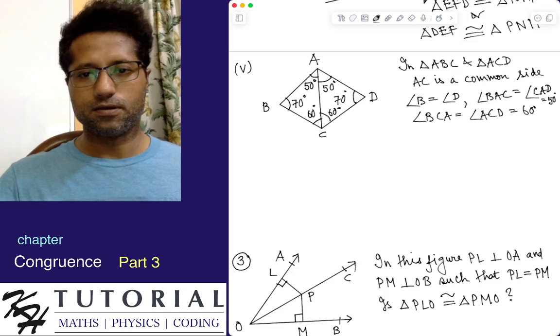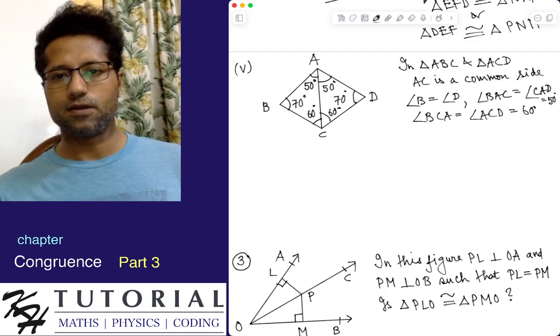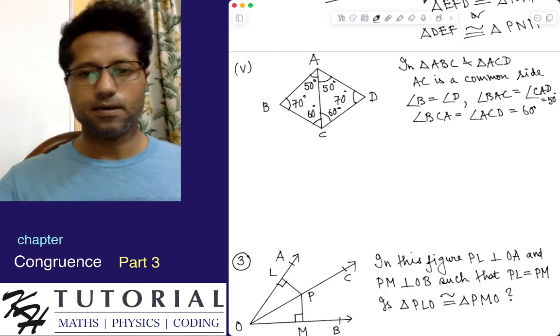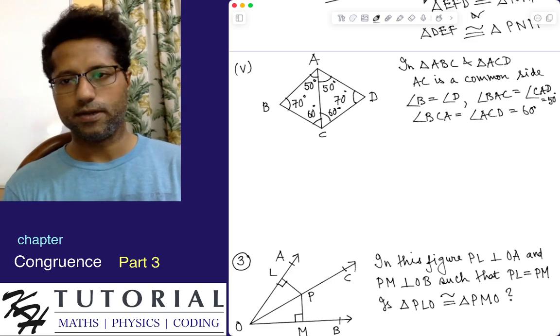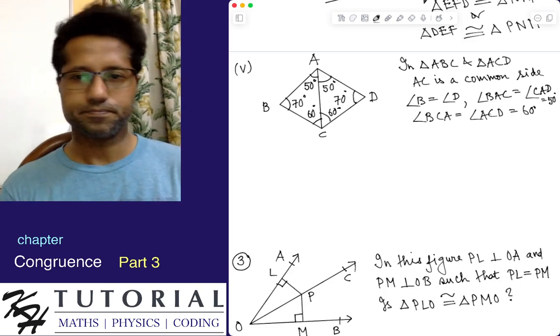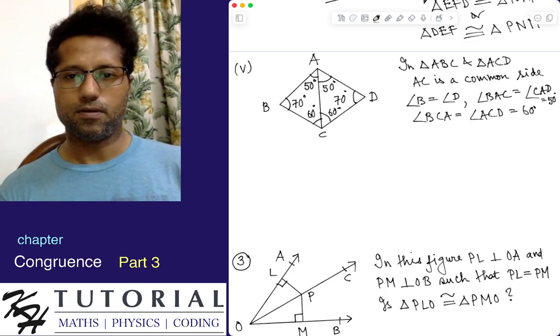So the triangles are obviously ABC and ACD, and it is given that they are congruent, but we do not know yet the congruence name or the relation. We do not know the mapping.